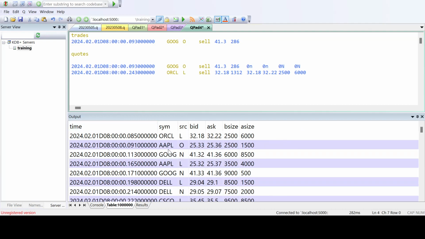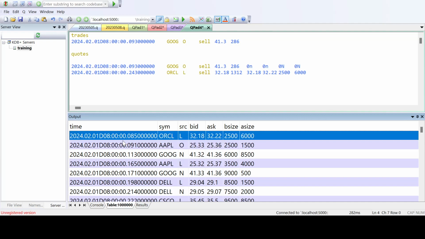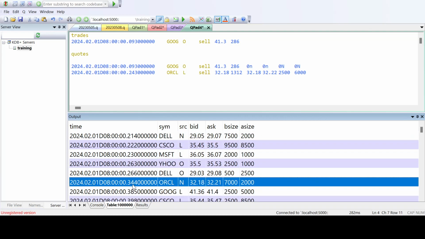For Oracle, the first one has come at 0.085, and this has happened at 0.24, much later than that. So we'll look at another Oracle record, which is 0.344.